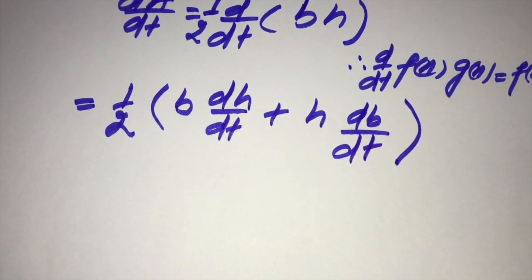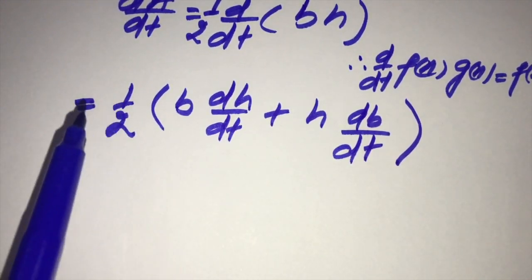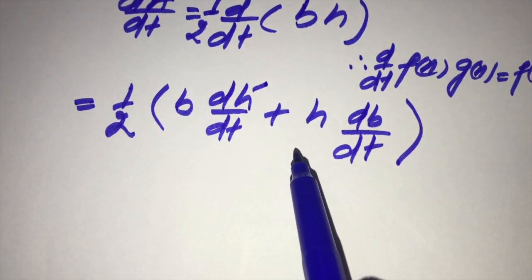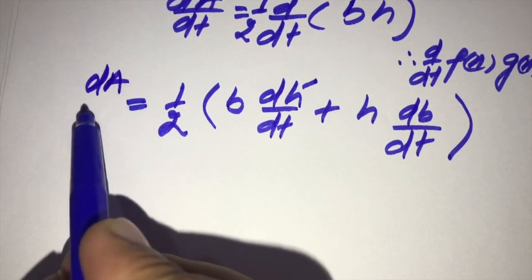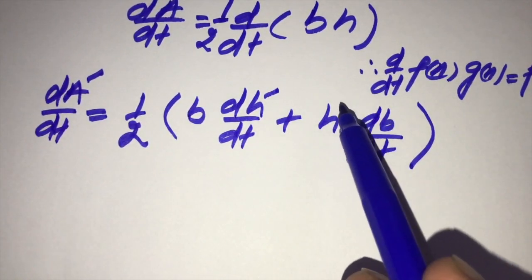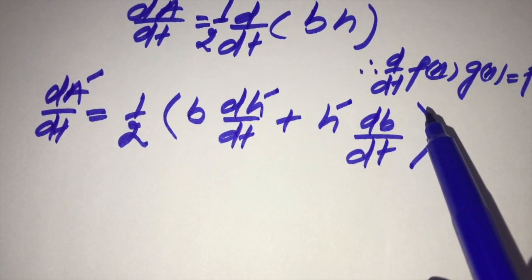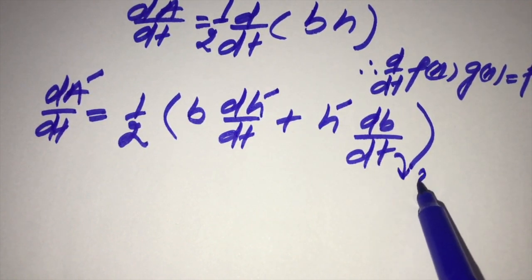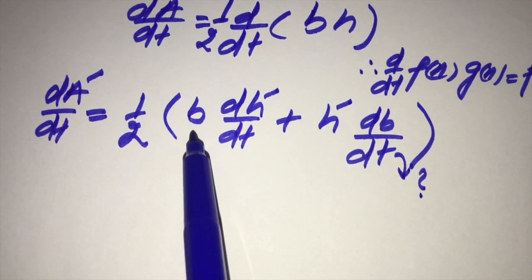Now in this part we know about dh by dt. We also know about dA by dt. We are also given h, but in this whole relation we do not know about b.